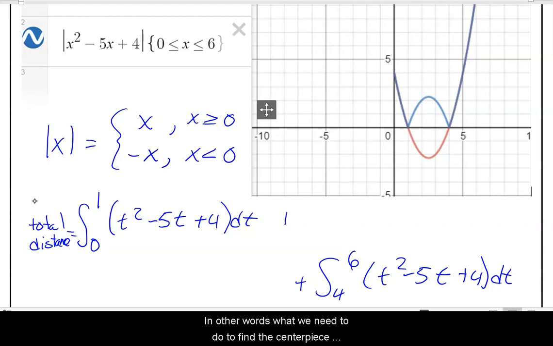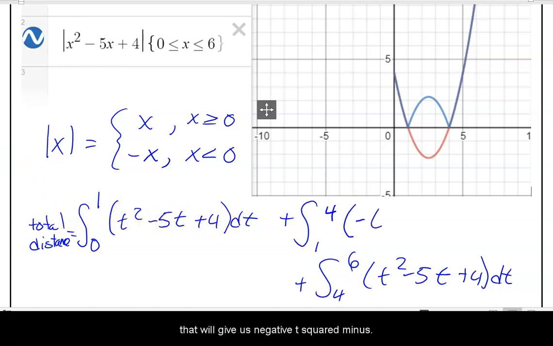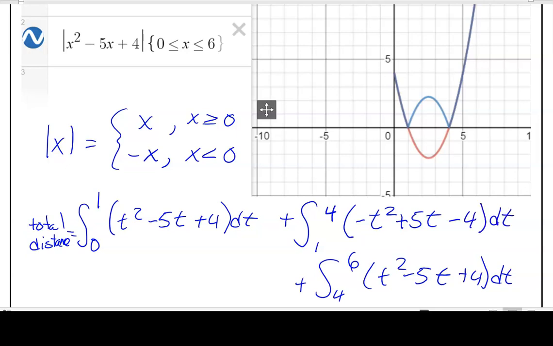In other words, what we need to do to find this centerpiece where it was below the line between 1 and 4 is to take the opposite of every term in the integrand. That would give us negative t squared plus 5t, the minus becomes a plus, and minus 4 dt. This, when we compute it, will give us the total distance traveled.